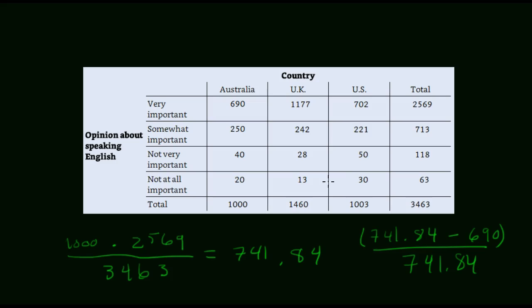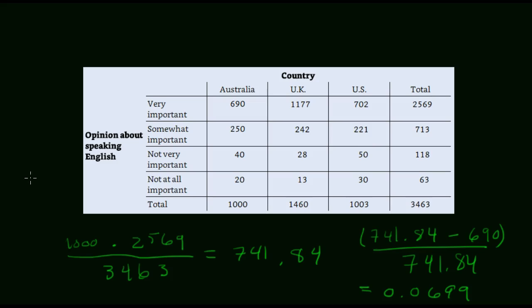The chi-squared contribution of that box is going to be 0.0699-ish. Then I'm going to add up the chi-square contributions for all of these boxes. And as those contributions get bigger, the more I am moving away from homogeneity.